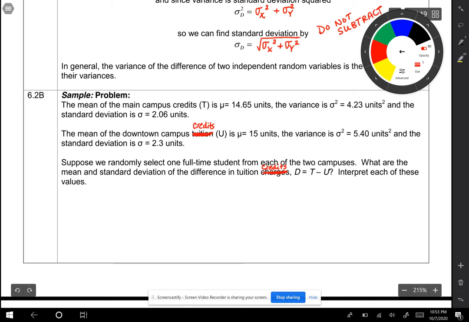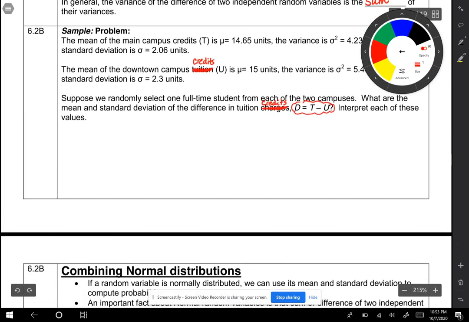So here, notice this order matters. It's T minus U. And so T being the main campus minus the downtown campus credits. Interpret each of these values. First, let's find the values.